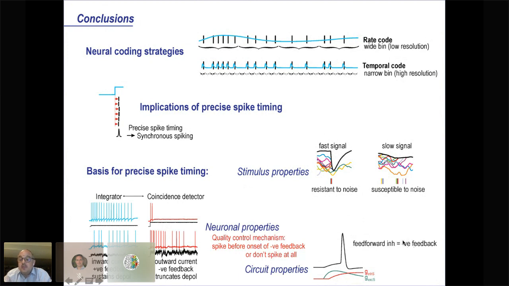So this negative feedback, whether it's on the basis of a microcircuit motif or on the basis of certain voltage-gated potassium channels, really serves as a quality control mechanism that ensures that a spike occurs before the onset of negative feedback, or that the spike doesn't occur at all, which is a good way of modulating the firing rate.